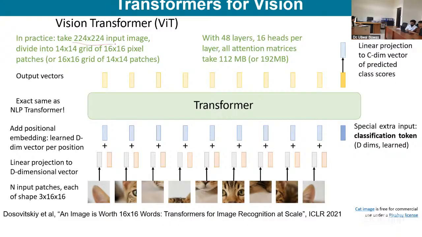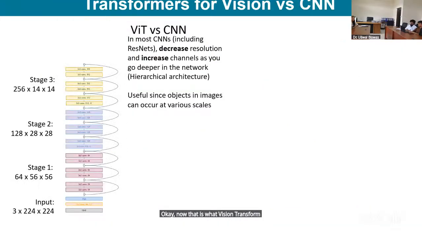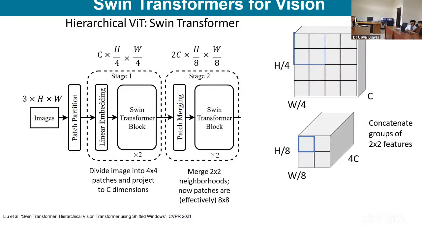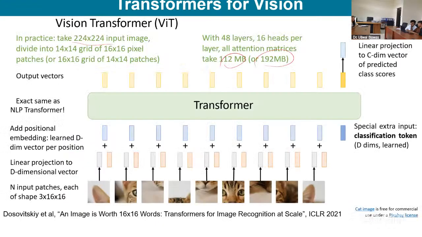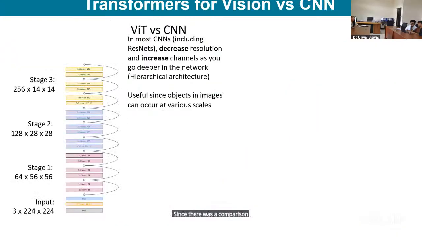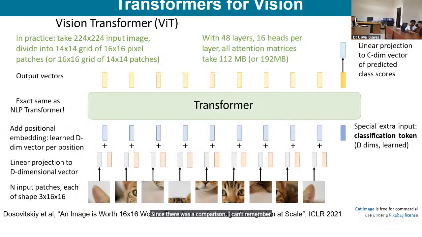If you take a 224 by 224 image, you will get, for 8 heads, 112 MB and for 16 heads, 192 MB and so on. Now that is what the vision transformer is. Okay, there was a comparison, I can't remember. The vision transformer can outperform CNN in certain tasks, and it is quite good.